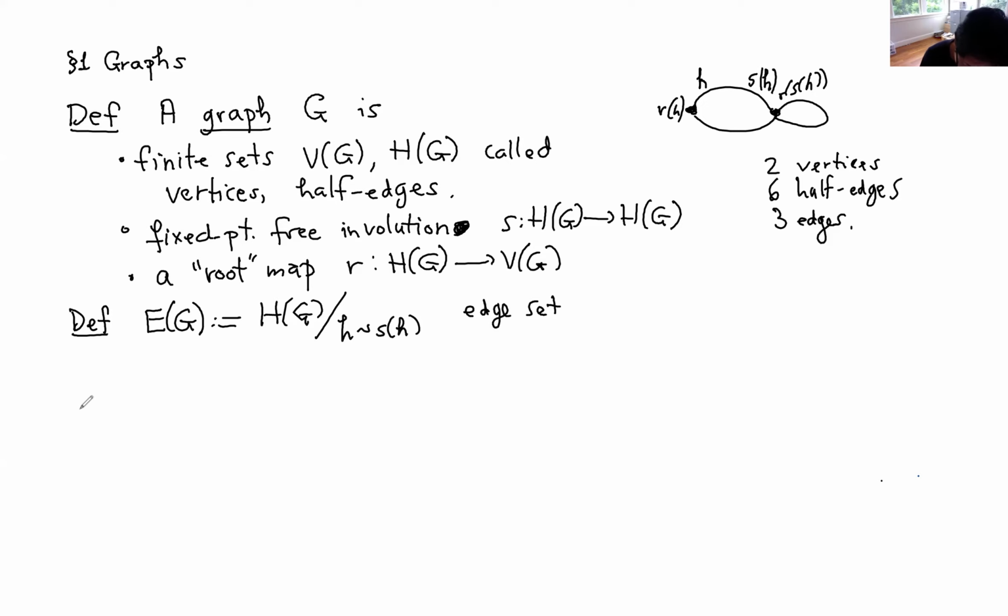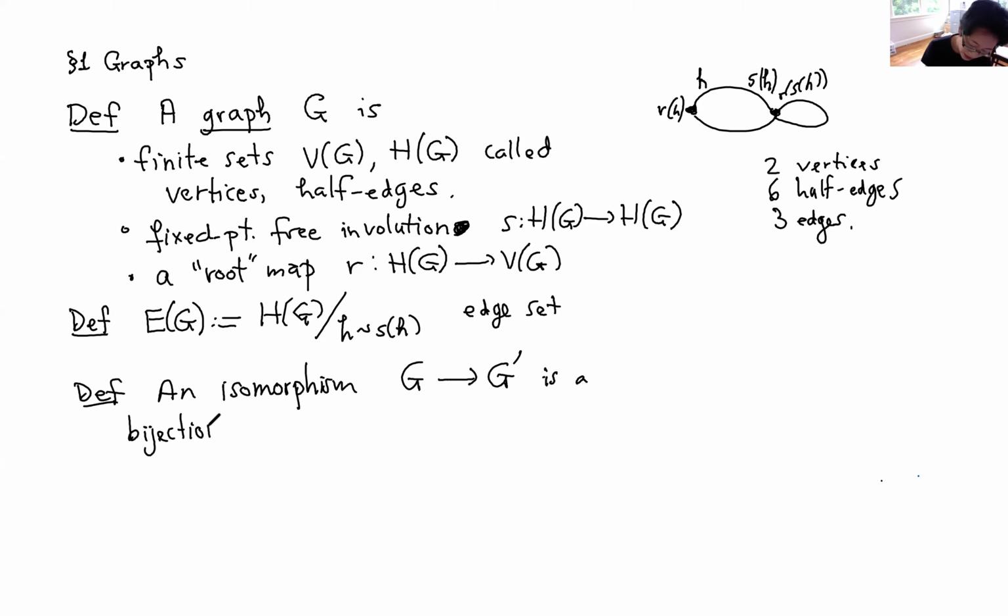So an isomorphism of a graph, say from G to G prime, well, it's sort of what you would expect. So it should be a bijection from vertices to vertices and half edges to half edges that's compatible with the involution and with the root map. So maybe I'll just write briefly what it is. So it's a renaming of all the data of G to the data of G prime.